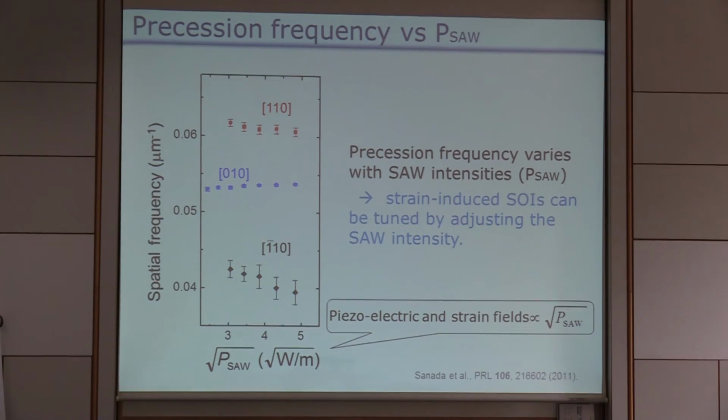Yes. So this is very complicated. This is the moving dots, and this is the data for the moving wires. That means 40 degrees different from the moving dot. So why is the power dependence different in different directions? Yes, we analyze.